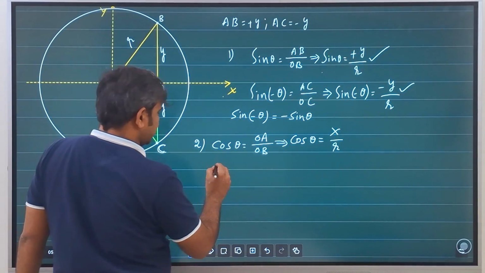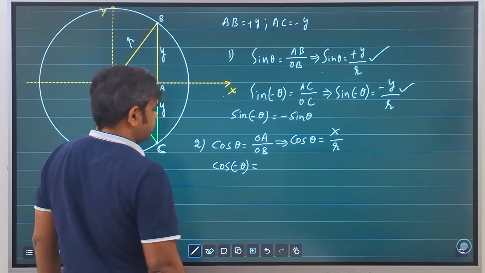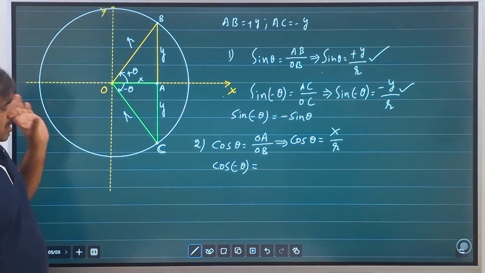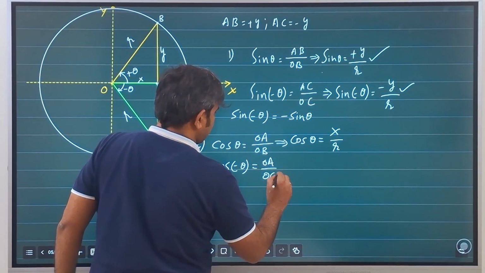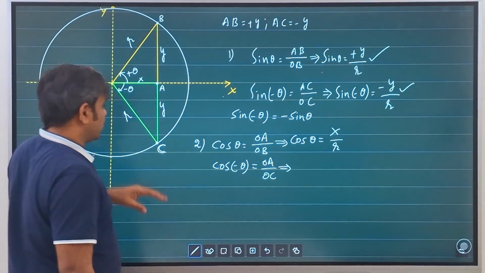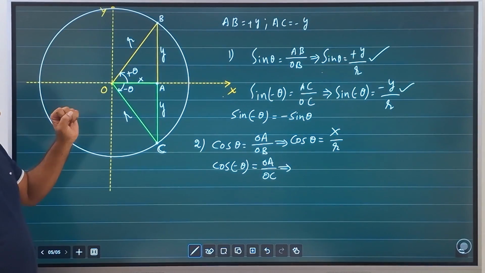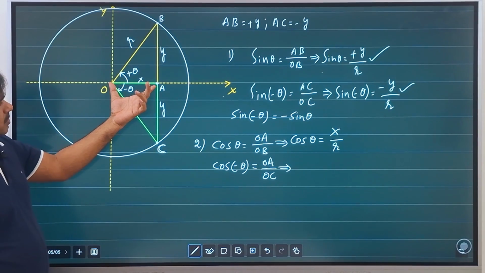Similarly, find cos minus theta. Cos minus theta is equal to OA divided by OC. Again, you are getting positive values in the fourth quadrant. This is fourth quadrant. In fourth quadrant, cos theta value is positive. Look, OA is positive.